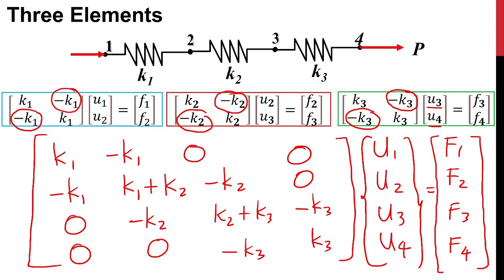Kita susun macam ni. Sama macam F is equal to KX, cuma kita terbalikkan dia. Dia jadi K U sama dengan P. Sama. It's exactly the same. So ini adalah berapa besar matrix yang akan jadi kalau ada 4 node. 4 kali 4 lah dia punya size matrix. Kan, dulu belajar matrix? How to solve matrix?